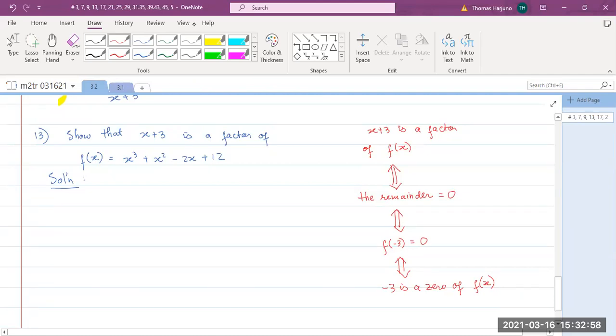So we have a terminology here. It's kind of strange terminology, even for me, the first time I heard it, but in polynomials, and actually for every function, we say c is a zero of any function f(x) if f(c) equals 0. That's the definition of the word zero.